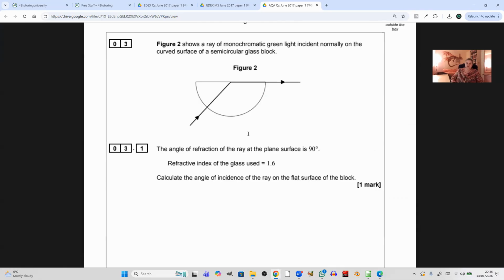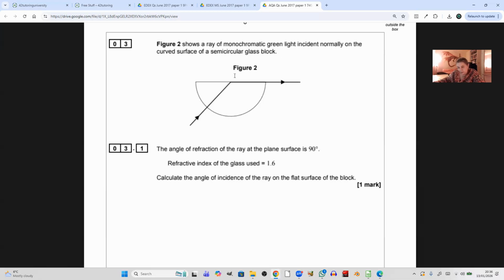Okay, so figure 2 shows a ray of monochromatic, that means single colour, single wavelength, green light, incident normally on the curved surface of a semicircular glass block, and it's at the critical angle because we've got an angle of refraction of 90 degrees. Okay, and it says calculate the angle of the ray on the flat surface of the block.